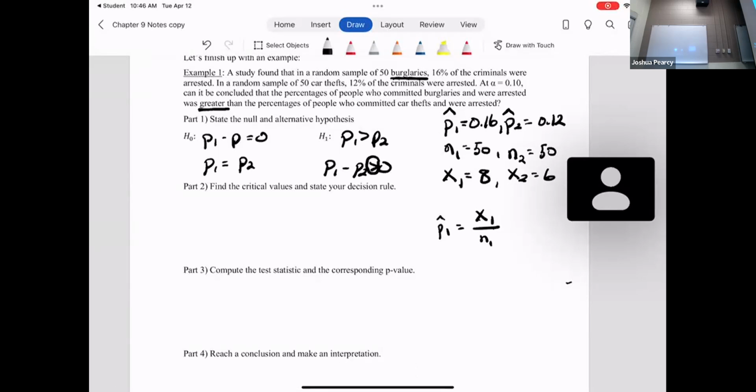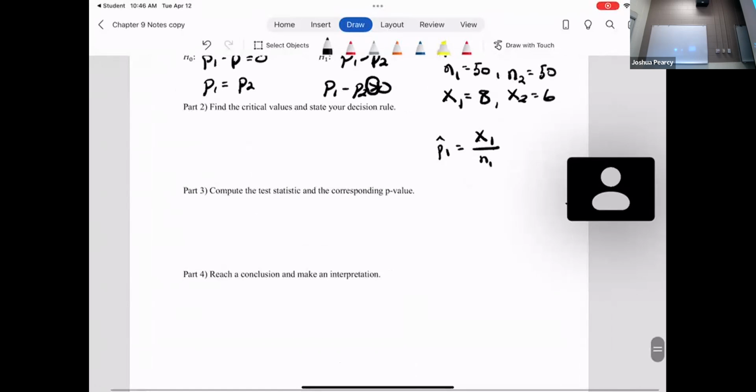If you're doing a left-tailed test, the alternative would look like P1 is less than P2, then you would be looking at the area to the left of the test statistic. If you're doing a two-tailed test, you're looking at the area to the left of the negative test statistic and the area to the right of the positive one.